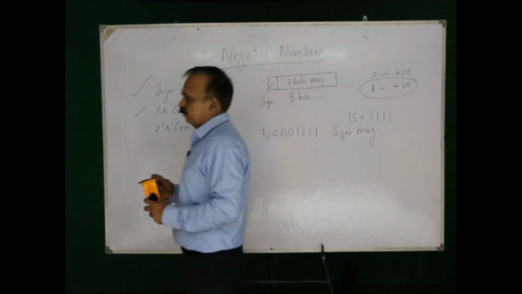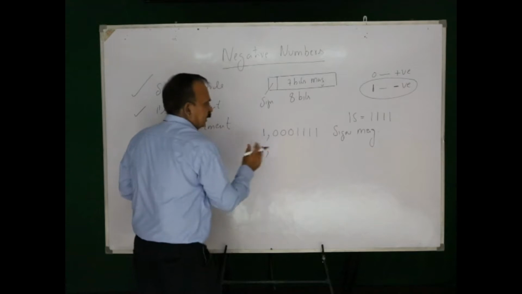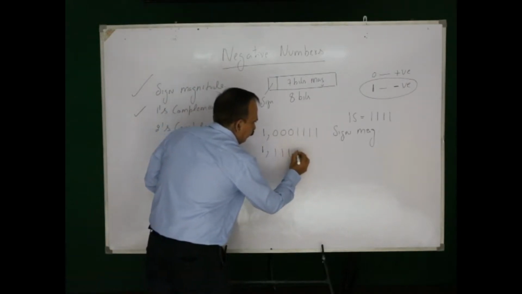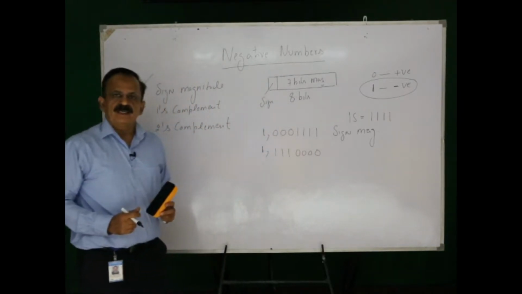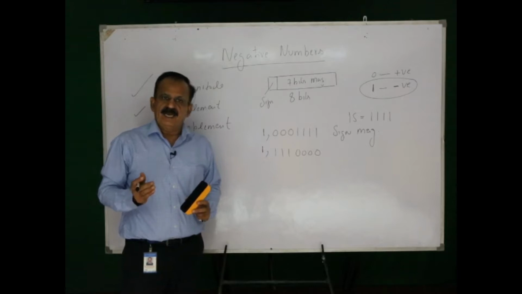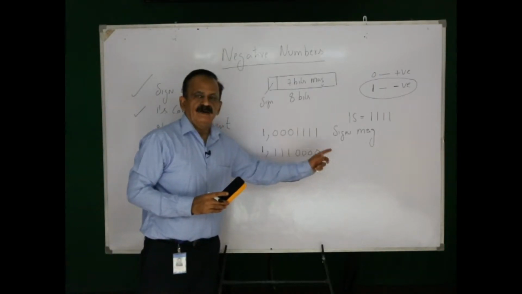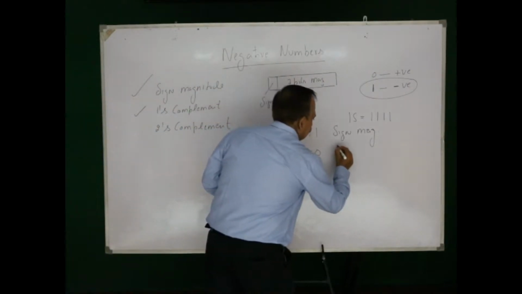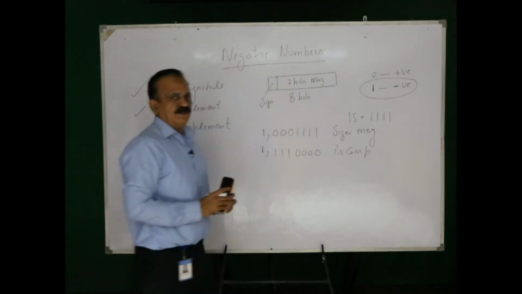That means in 1's complement representation, it will be 1 and then the 1's complement of this, which will be 1 1 1 0 0 0 0. I convert each 0 to 1 and 1 to 0, and that represents the 1's complement of this number. So, this representation is the 1's complement representation of the negative number.